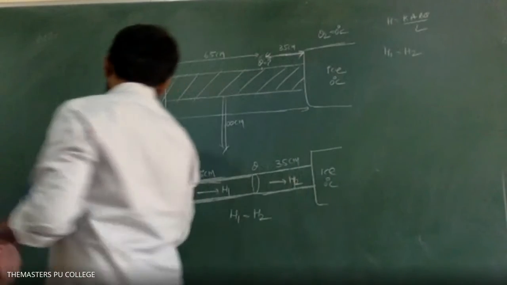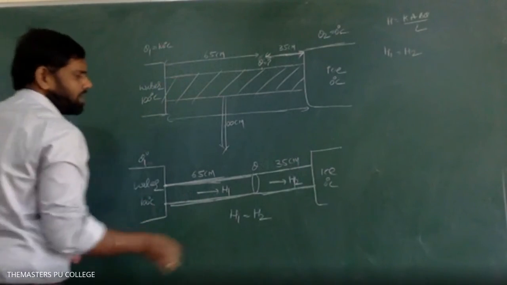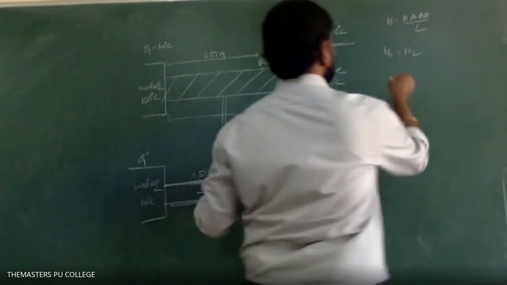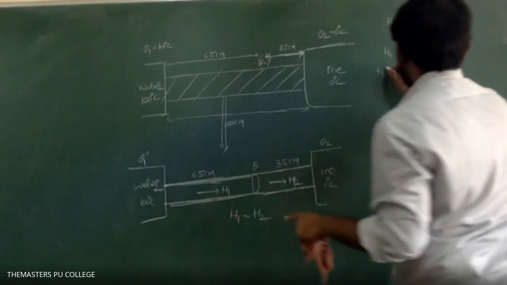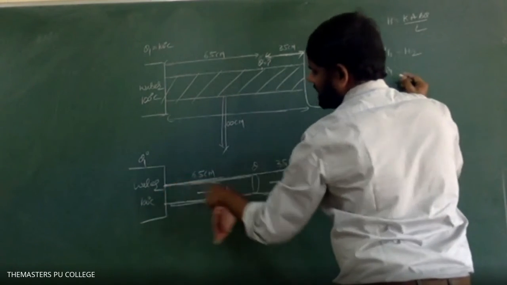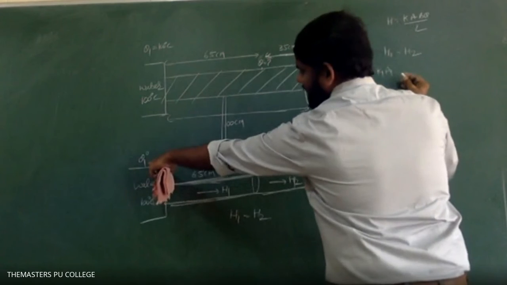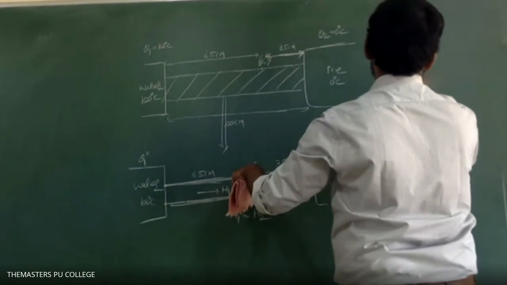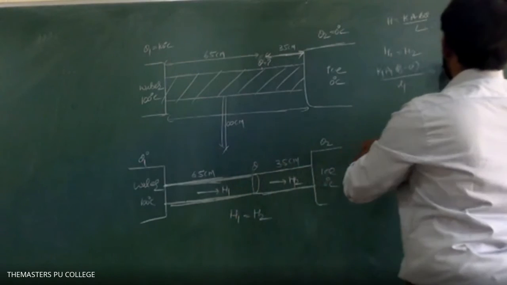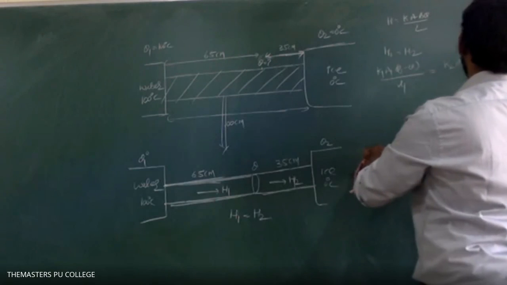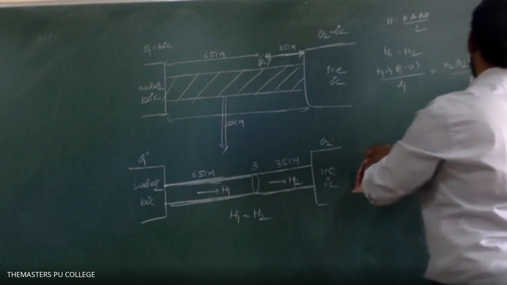Here the temperature let it be theta 1 degrees, and here the temperature let it be theta 2, the values you know. So K1 A1 into delta theta, the temperature difference here, I can write theta 1 minus theta, divided by L1, is equal to K2 A2 into theta minus theta 2 divided by L2.